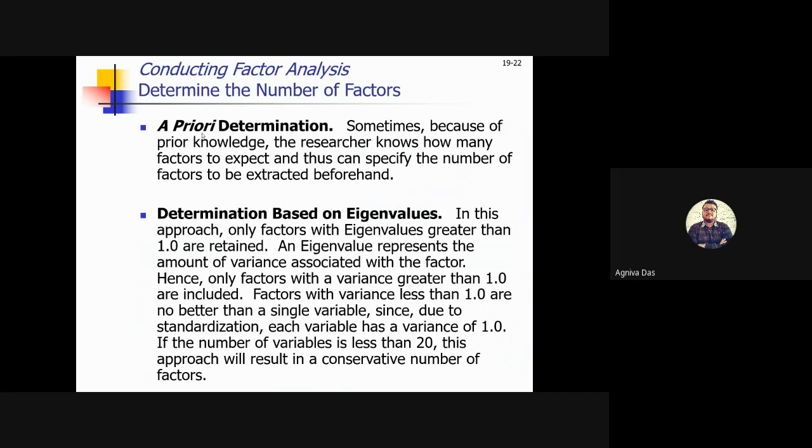You can use the rule, very prevalent in SPSS, that as long as the eigenvalues are greater than 1, you take them. Once eigenvalues are less than 1, then stop taking. Another rule is based on how much variability you want. Let's say you want 90% variability, so up to 90%, however many factors are there, you take that many and then leave.